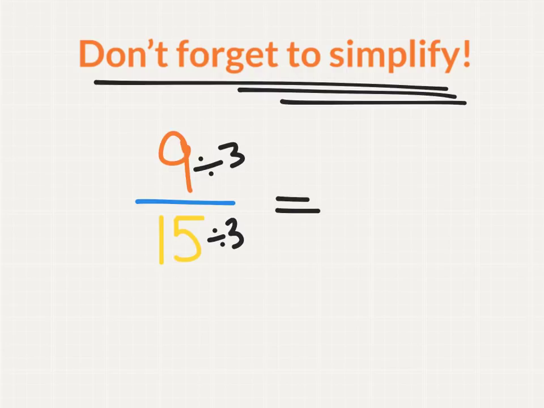So I can write a simplified equivalent ratio of 3 to 5. So that if for every 9 oranges there are 15 bananas, in simplified form it would mean that for every 3 oranges there are 5 bananas. Don't forget to simplify.